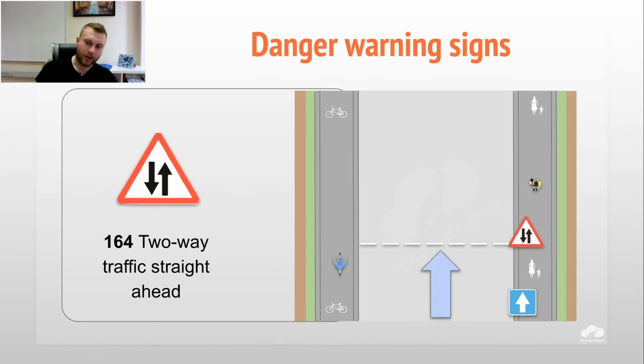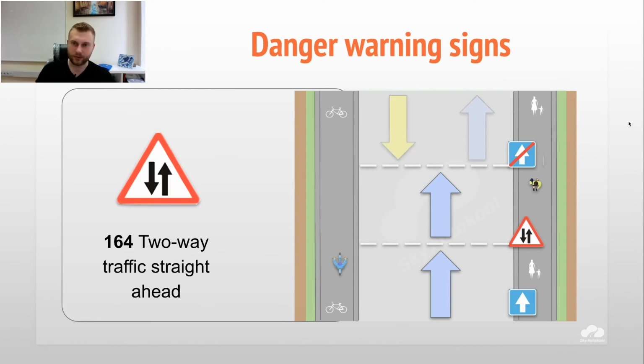So I see I have a one-way road. After that, I see a two-way traffic straight ahead. It doesn't mean that two-way traffic starts here exactly. It starts after the one-way end sign shows it, basically. So here starts two-way traffic, but not at the sign.